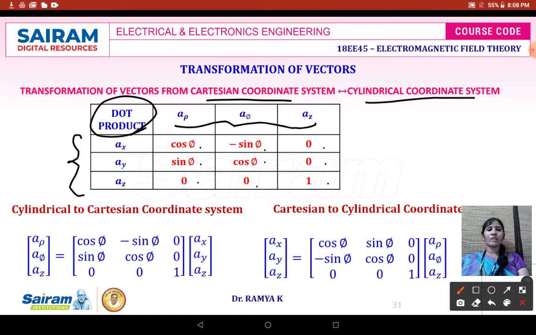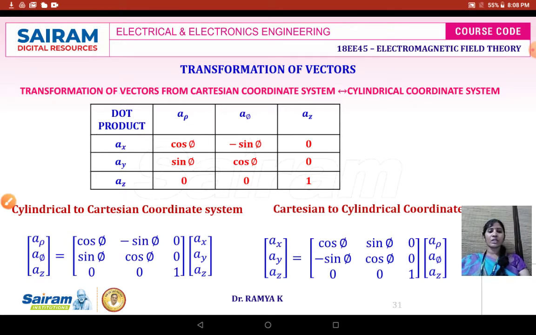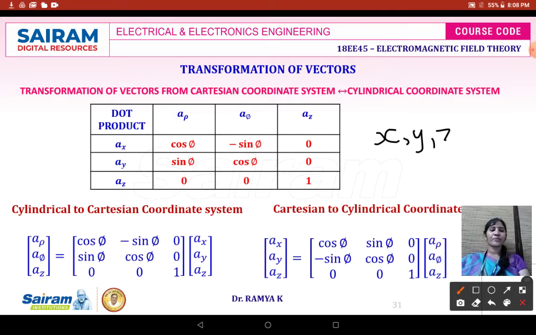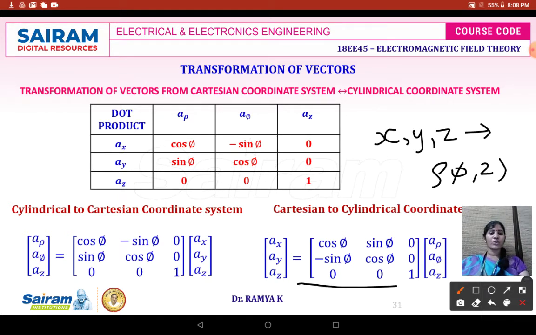If you wanted to convert the Cartesian coordinate system to cylindrical coordinate system, the Cartesian means what? X, Y, Z, right? So we need to convert X, Y, Z to cylindrical coordinate system rho, phi, Z. If you wanted to convert from X, Y, Z, that is Cartesian, to cylindrical, then you have to use the formula as shown over here.